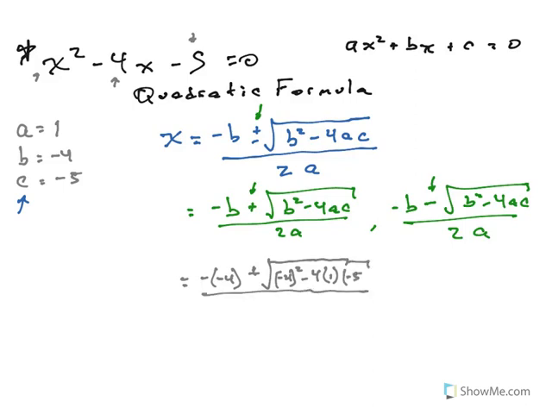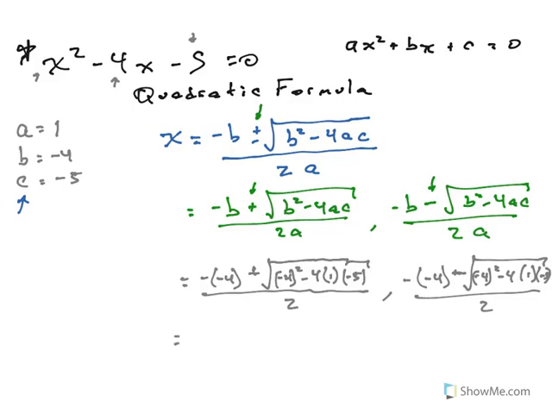Everything's divided by 2 times a. 2 times 1 is just 2. Our other one, again, minus negative 4 minus the square root of negative 4 squared minus 4 times 1 times negative 5, all divided by 2.